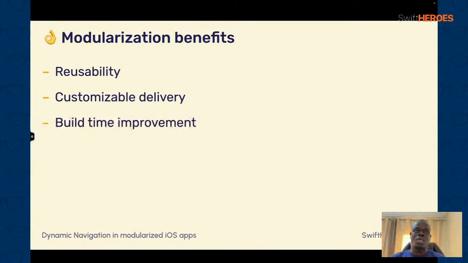We have a build time improvement. Since you are working in a package, in a module, you just need to compile just this module. You don't need to wait for the whole app to build, right? And once your packages are building fine, Xcode will build your project really fast as well.